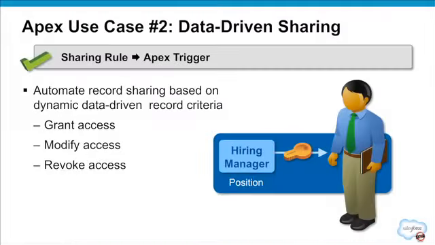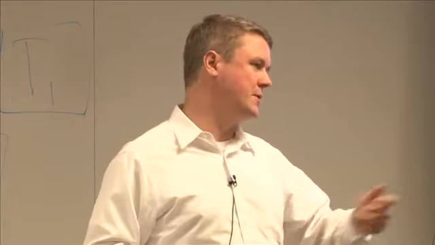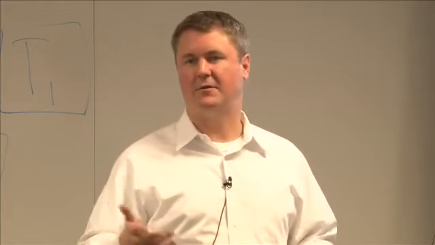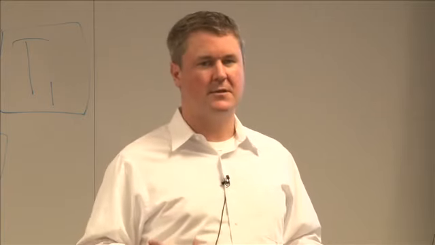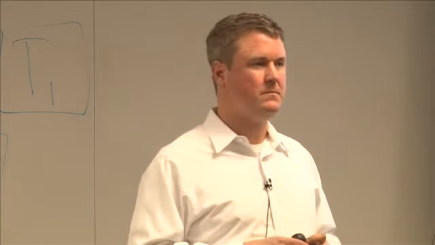We want to do data-driven sharing. So one of the great features that came out a couple of years ago is criteria-based sharing. But criteria-based sharing is still static in the sense that you can say, okay, if this field equals this, or if this amount is greater than that, share it with these people. It's still pretty static.